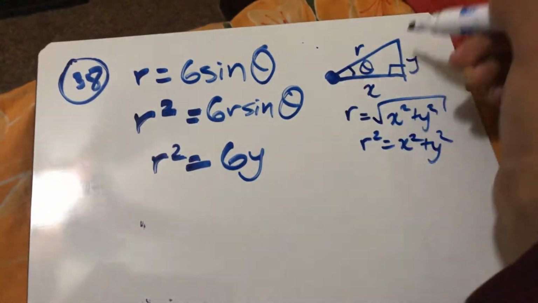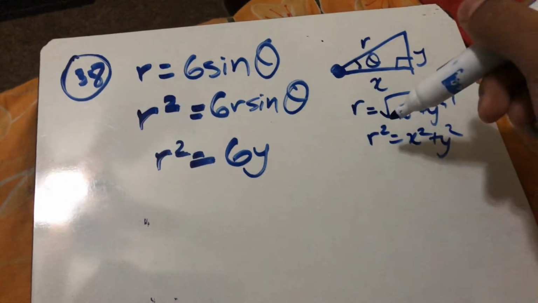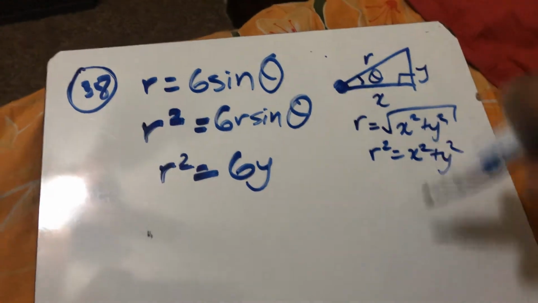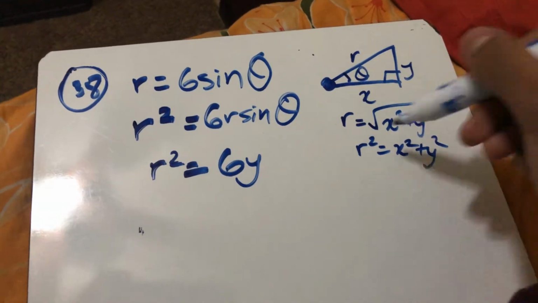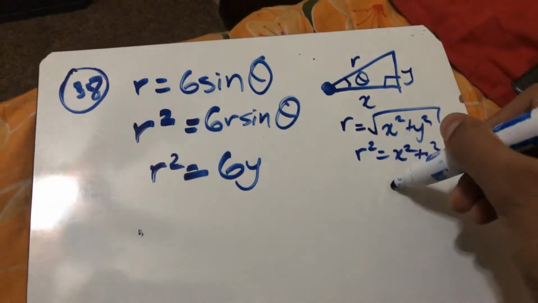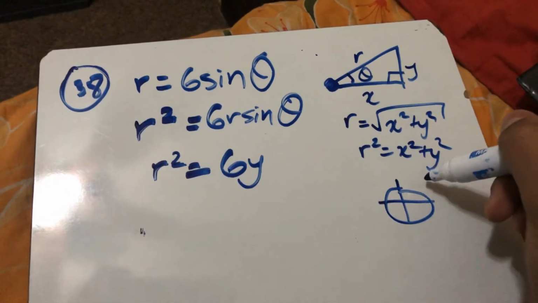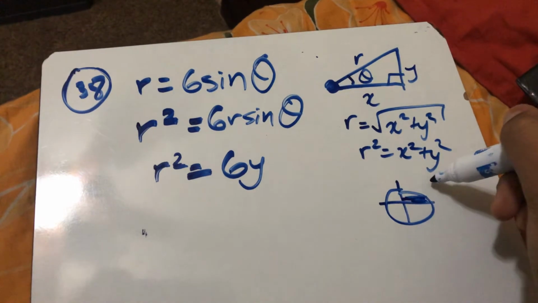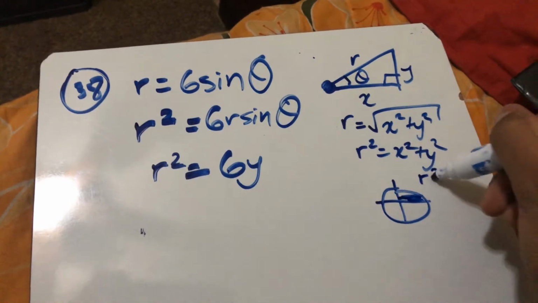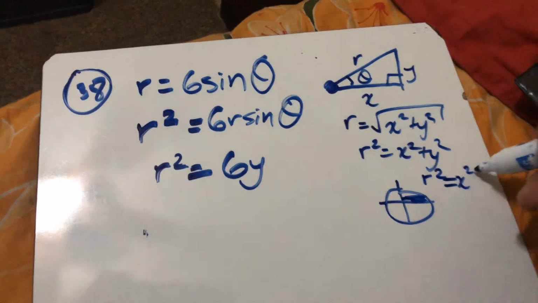And something you should notice is that this is the format of the equation of a circle, right? If you have a circle centered at the origin, that should be the radius, so radius squared is equal to x squared plus y squared.